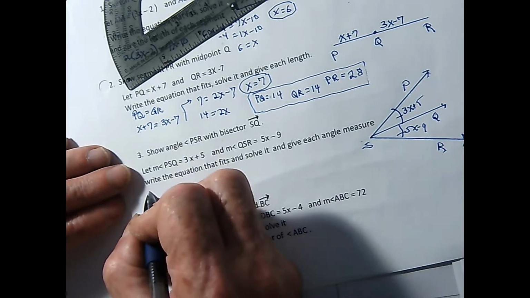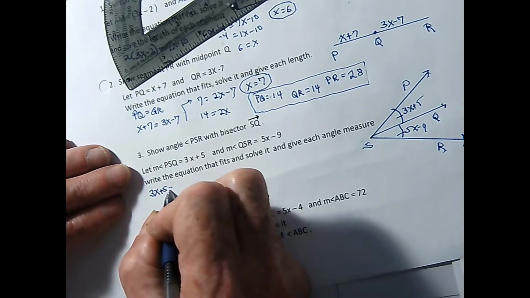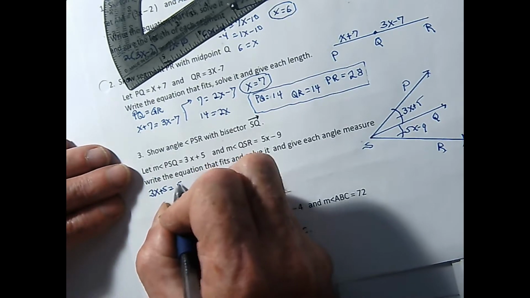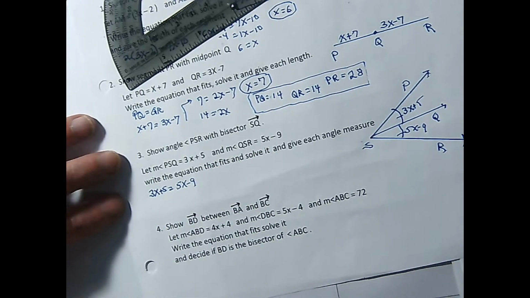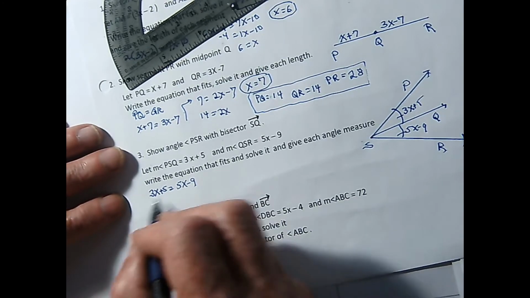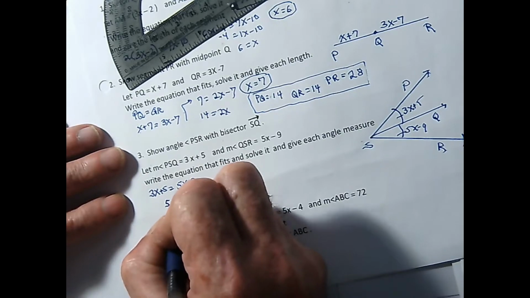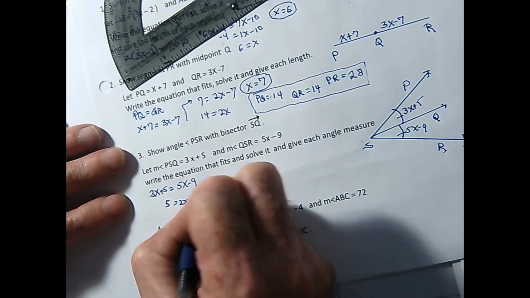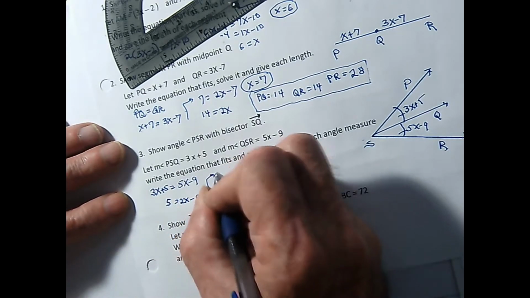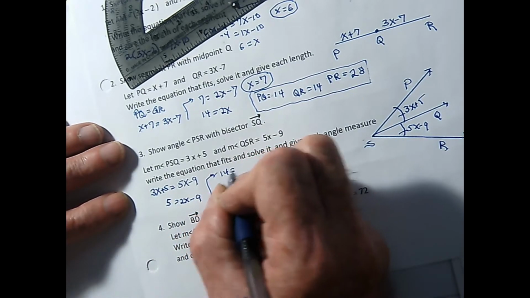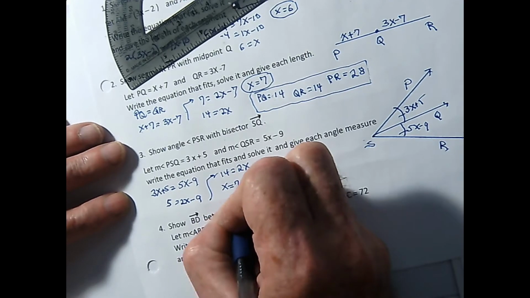So the equation will be 3x plus 5 must be equal to 5x minus 9. Solve that before I do, and let's see if we can agree. I'll subtract 3x from both sides. I got 5 equals 2x minus 9. Add 9 to both sides of that equation, and it makes me convinced that 14 is equal to 2x. Divide both sides by 2, and x is 7 again.